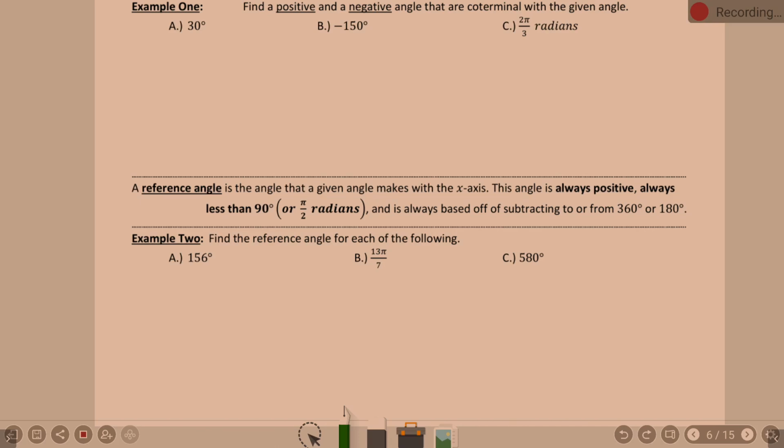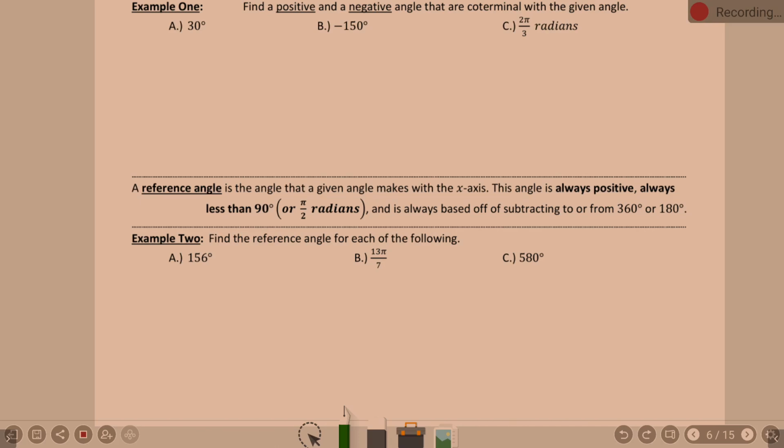So, 30 degrees. We want to find a positive coterminal angle for 30 degrees. How am I going to find a positive coterminal angle for 30 degrees? You just add 360. Does that make sense? Because 30 degrees, we would just go straight there. Yes, it's a little small angle.